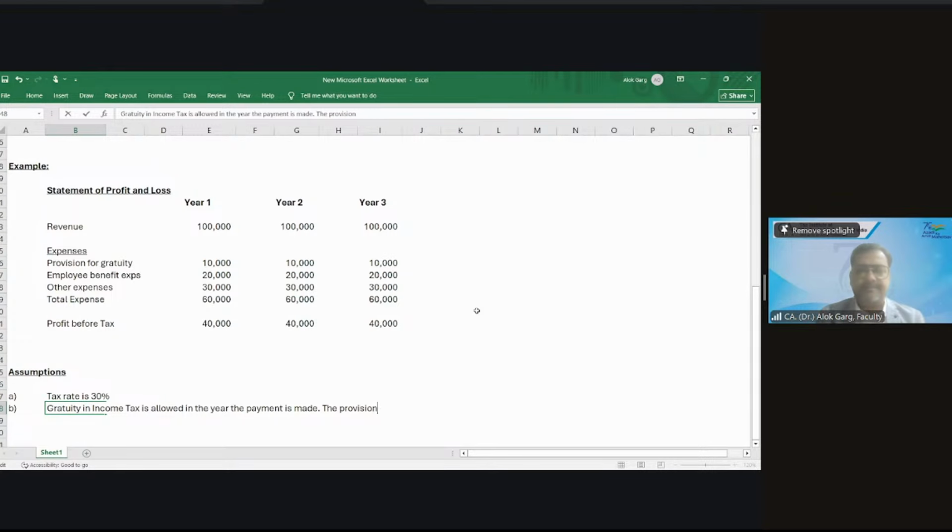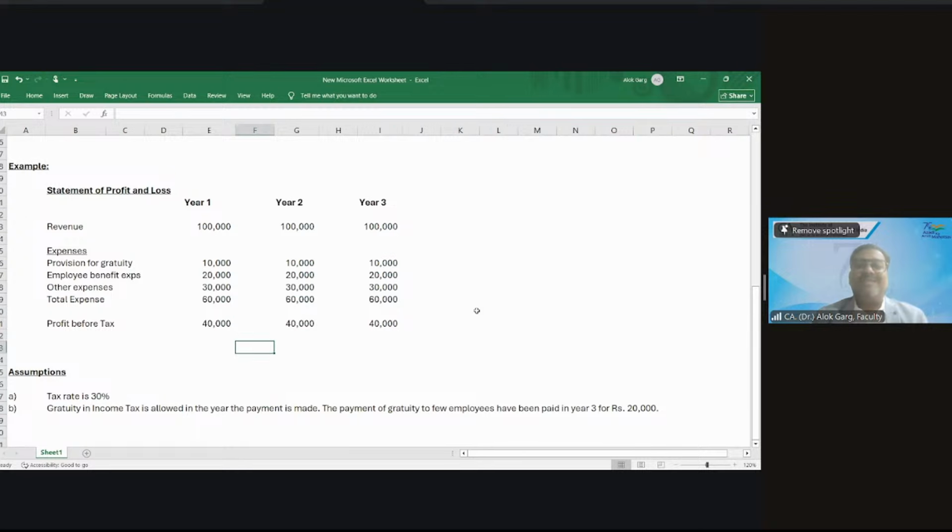So basically, the payment of gratuity to few employees has been paid in year 3 for rupees 20,000. Right? Okay.